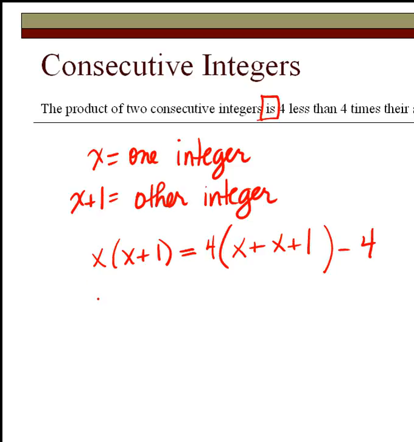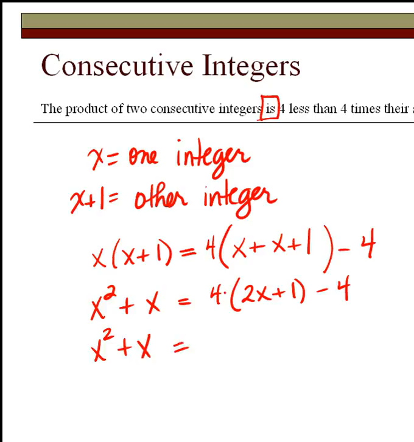On the left, we multiply to get x squared plus x, which is equal to 4 times, combining inside parentheses, 2x plus 1, minus 4. So we really have x squared plus x is equal to 8x plus 4 minus 4. We get x squared plus x is equal to 8x because the 4's add to 0.